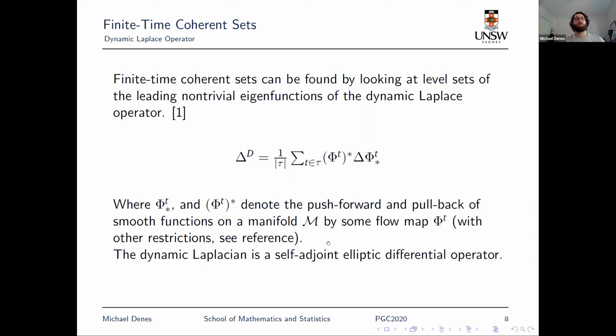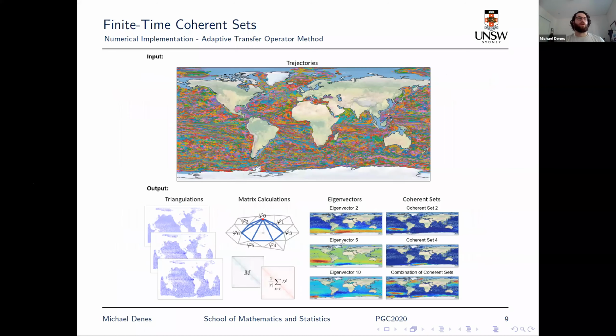In mathematical terms, this operator is a self-adjoint elliptic differential operator, which means that finite element methods are probably the best choice to numerically compute them. So, I'll talk about how we can actually numerically compute them.